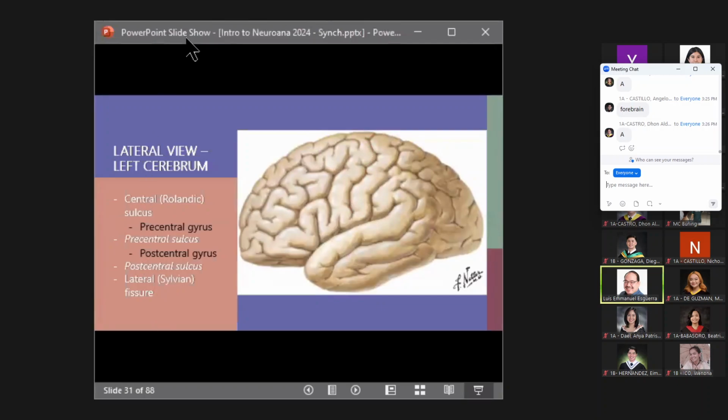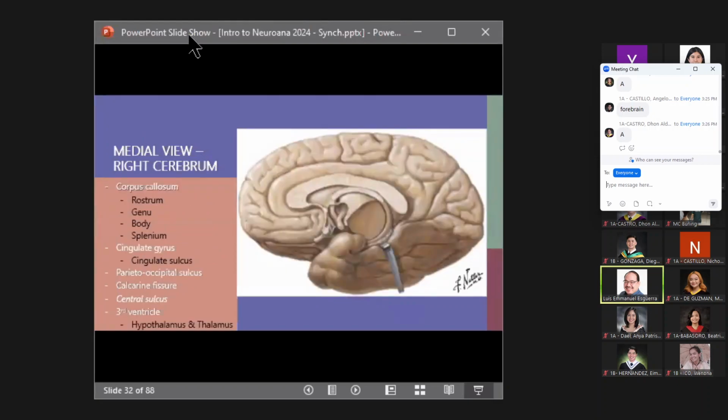So again, on the median surface, you have this big structure called the corpus callosum. This is the corpus callosum, made up of a rostrum, genu, body, and splenium.